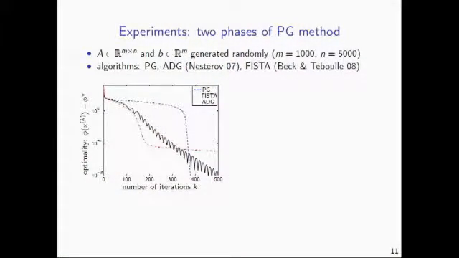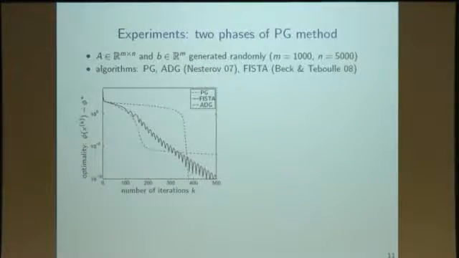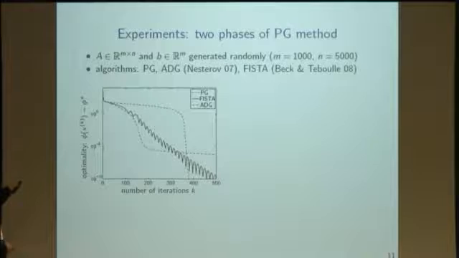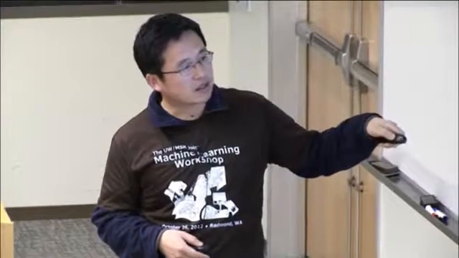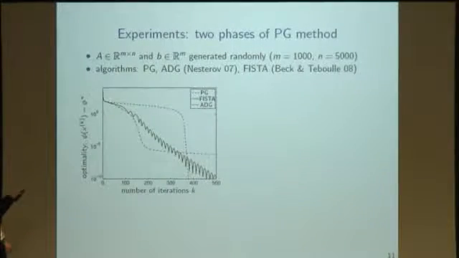But now let's look at what happens in reality. Here is a randomly generated example with m equals 1,000 and n equals 5,000. Here is the proximal gradient method and two different versions of the accelerated gradient method. By the way, the y-axis is optimality, meaning how far you are from the optimal gap, and the horizontal axis is the number of iterations. As you can see, in the beginning the proximal gradient method is kind of slow.